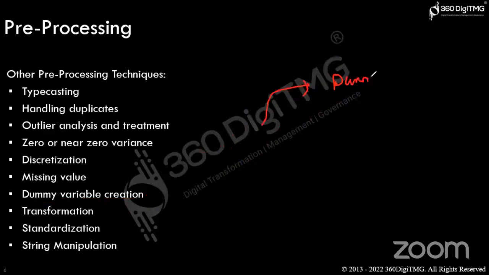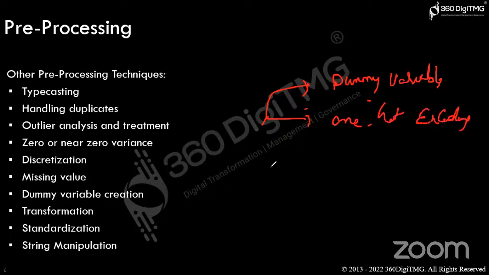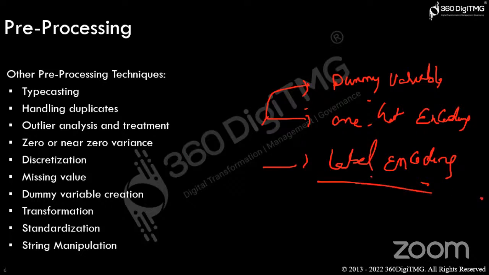Dummy variable creation, one-hot encoding, label encoding. Like that, we have different encoding techniques. When will we be using all of these?